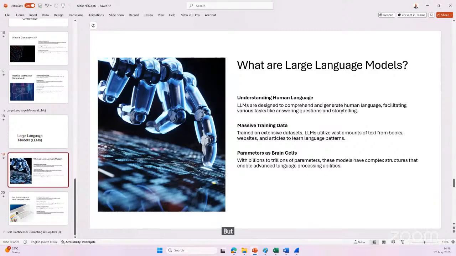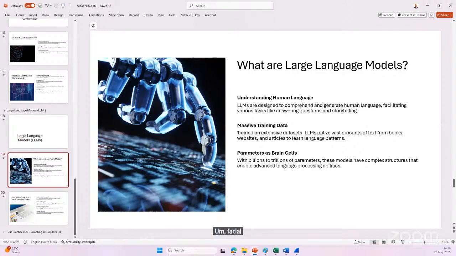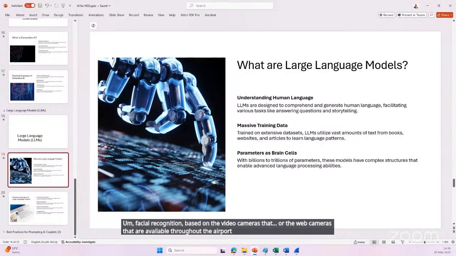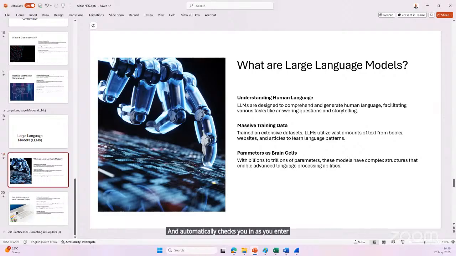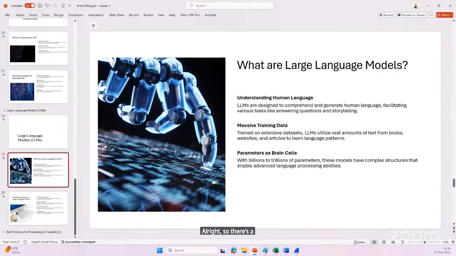But instead of you doing electronic check-in on your laptop, what happens when you enter the airport, facial recognition based on the video cameras or the web cameras that are available throughout the airport, identifies who you are, identifies the flight that you're booked on, scheduled on, and automatically checks you in as you enter the airport without any interaction, without you having to interact not only with a human being, but even interacting with one of those stupid terminals where you have to present your identification. Right. So there's a great example thereof.